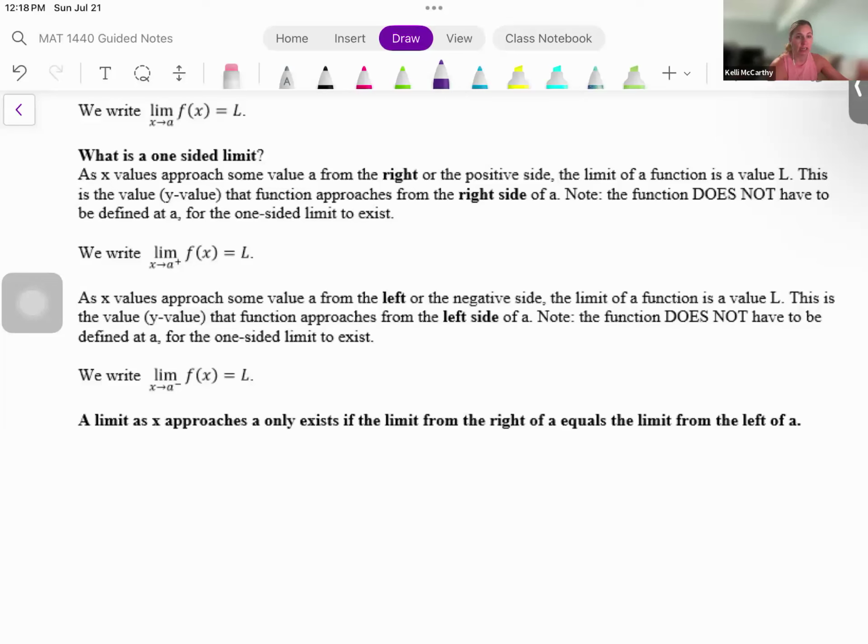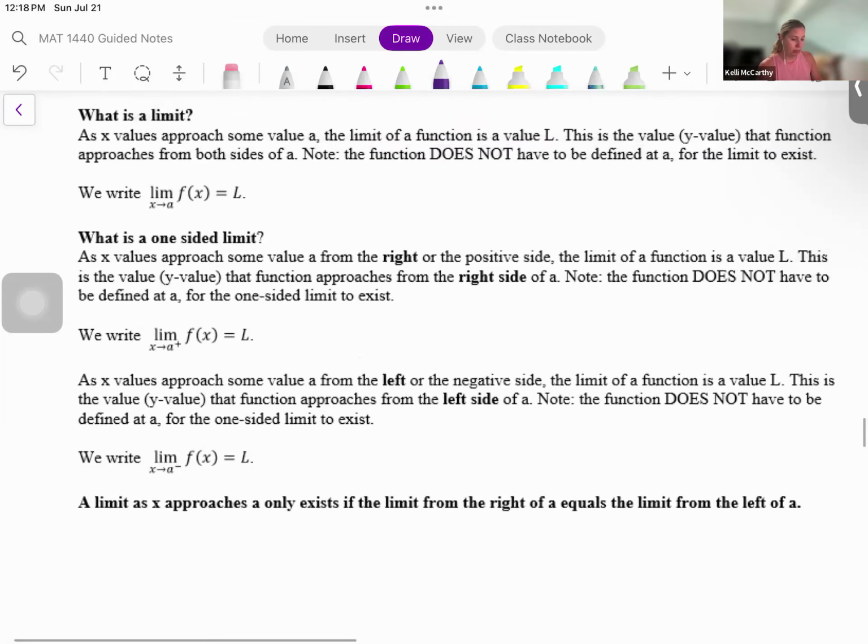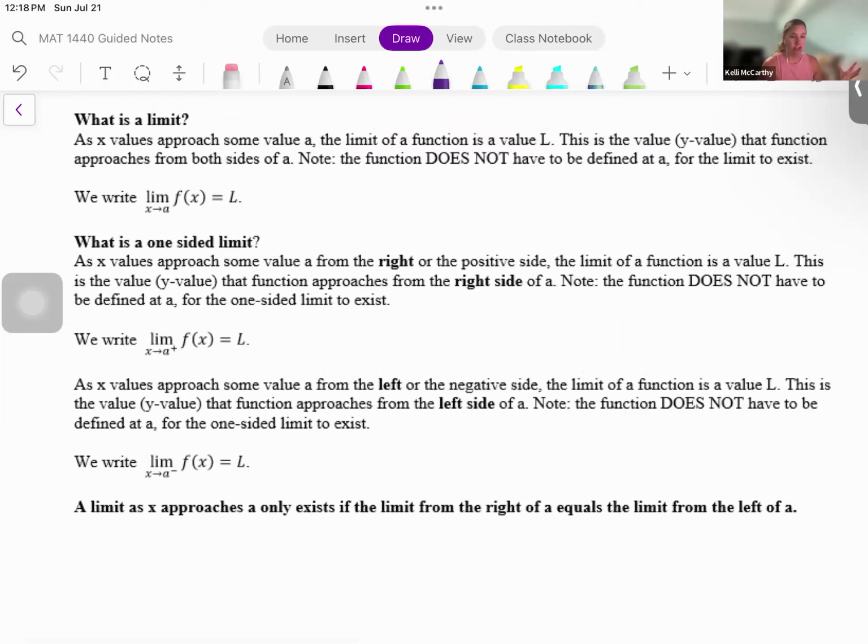So x approaches a with a superscript of negative or a minus sign is that left-sided limit. Now that first limit that we discussed, the general idea of a limit, only exists if the limit from the left and the limit from the right are the same. So let's look at some of these ideas with some graphs.